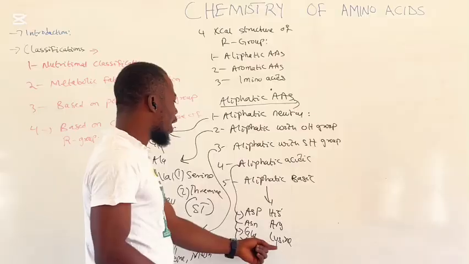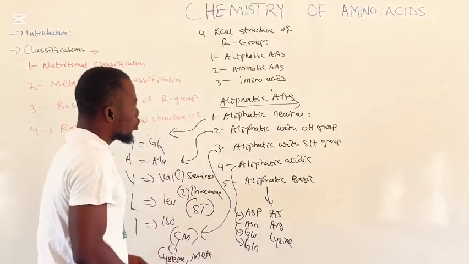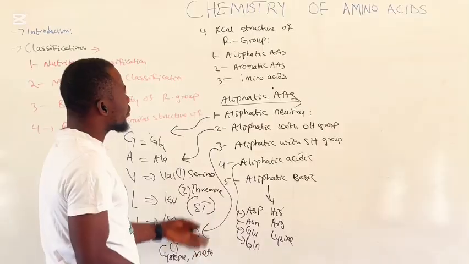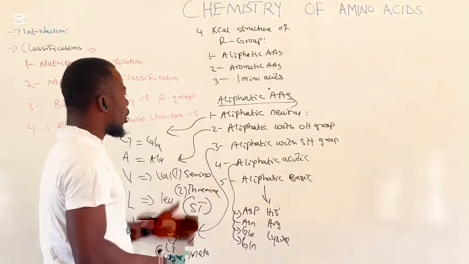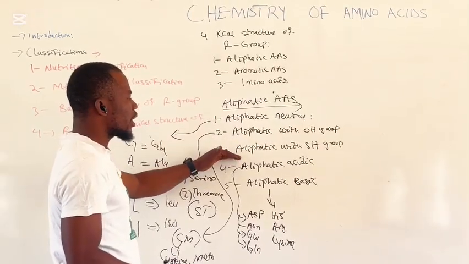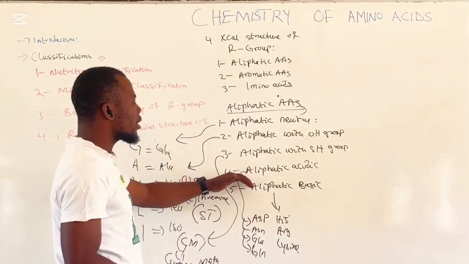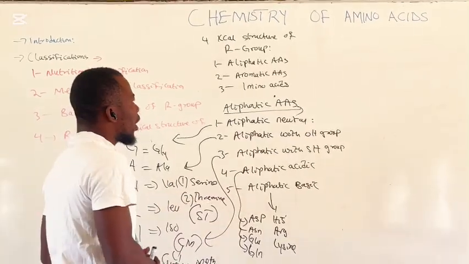So this is the aliphatic classification of amino acids under chemical structure of R group: aliphatic neutral, aliphatic with OH group, aliphatic with SH group, aliphatic acidic, and aliphatic basic.